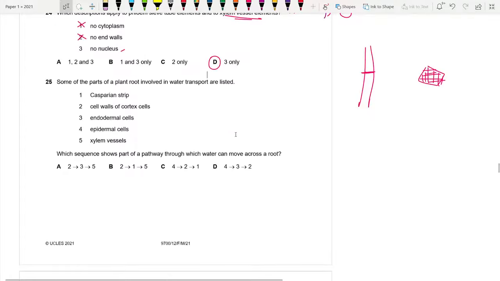25. Some of the parts of a plant root involved in water transfer are listed below. Which sequence shows part of the pathway through which water can move across a root? Water cannot pass through the Casparian strip, remember that, due to the suberin deposits. So what's the pathway actually?